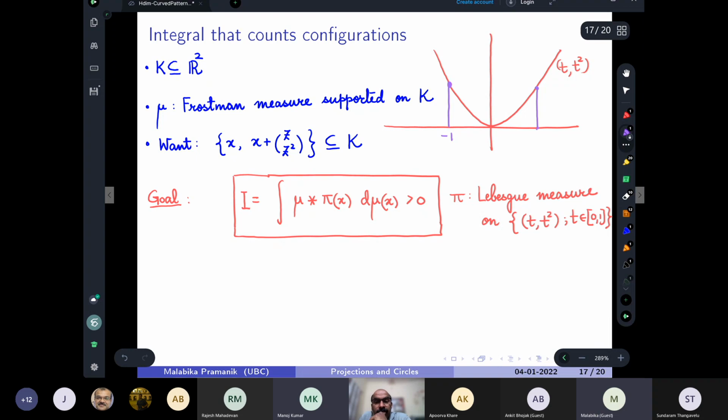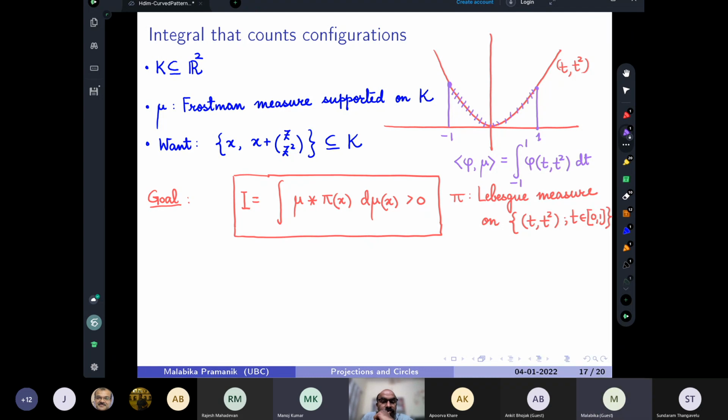And how does it work? Remember, a measure is uniquely defined by its action on functions, right? So suppose you have a test function phi and you have pi acting on it. All it does is take phi, evaluate it on the parabola t squared, and integrate it, let's say, from -1 to 1.